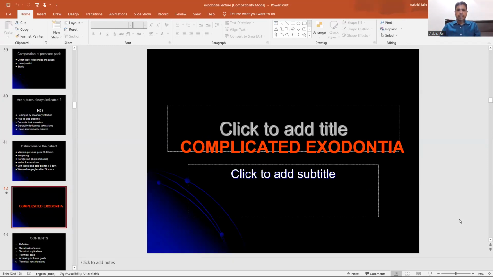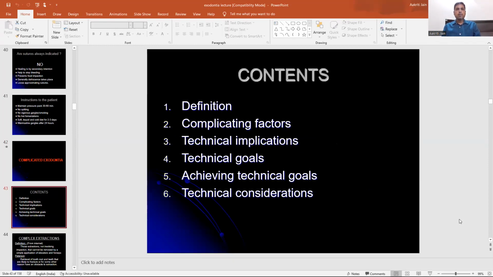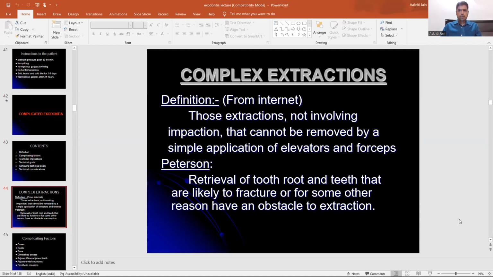Now comes the complicated exodontia. This comprises the following contents of the seminar: complicating factors, technical implications, technical goals, achieving the technical goals, and technical considerations.